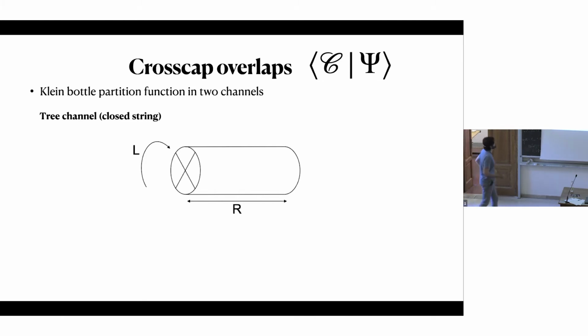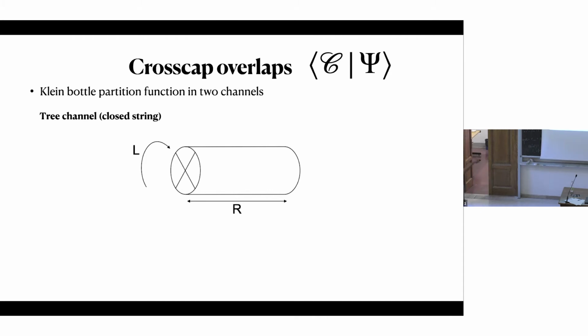So how to fix this type of object? The idea is standard in CFTs or general quantum field theories, and it's convenient to consider a Klein bottle partition function in distinct channels. So I have a cylinder. At one end of the cylinder, I have a cross-cap. At the other end of the cylinder, I have another cross-cap.